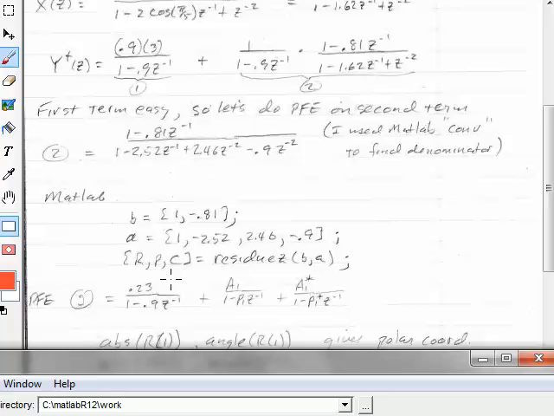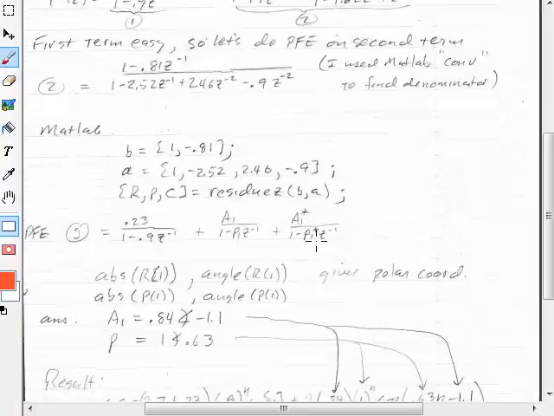It's going to have one term that has this denominator and 2 more terms, because this is a second order denominator. So I'm going to have 2 more terms, and it's going to turn out that these poles and residues are complex.